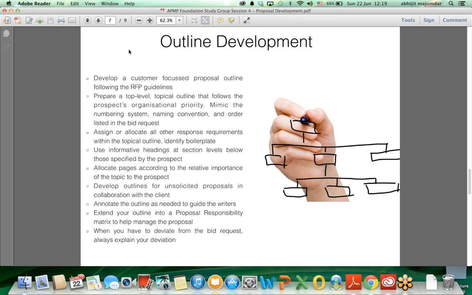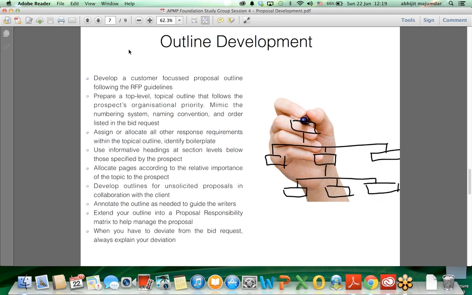These are boilerplate requirements which can go in there. But if it is asking for a specific solution or a specific section, then it has to be addressed in the manner it has been asked in the RFP, and you have to assign that to the specific person who can respond to it.